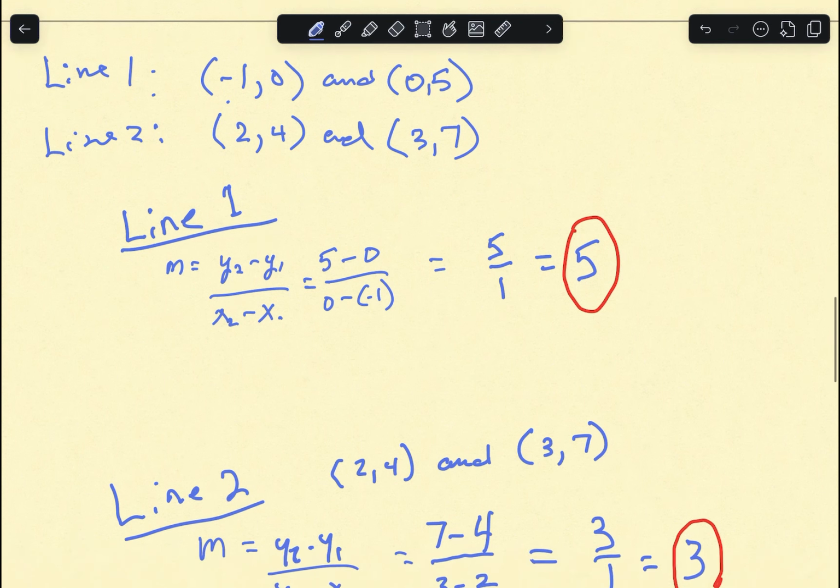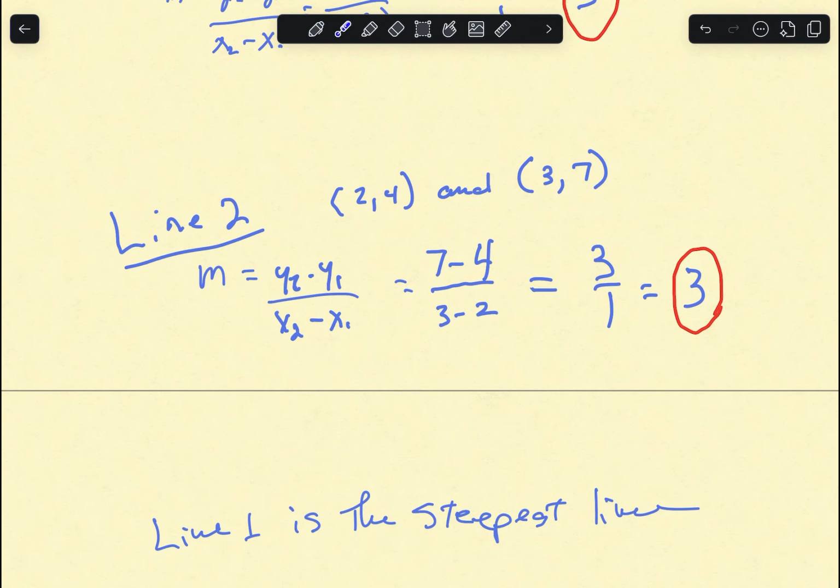Here's your x2 and your x1, so that becomes 3 minus 2, x2 minus x1. On the top, you got your y2 and your y1, and that becomes 7 minus 4. When you subtract it all out, you get 3 over 1, and your slope is 3.